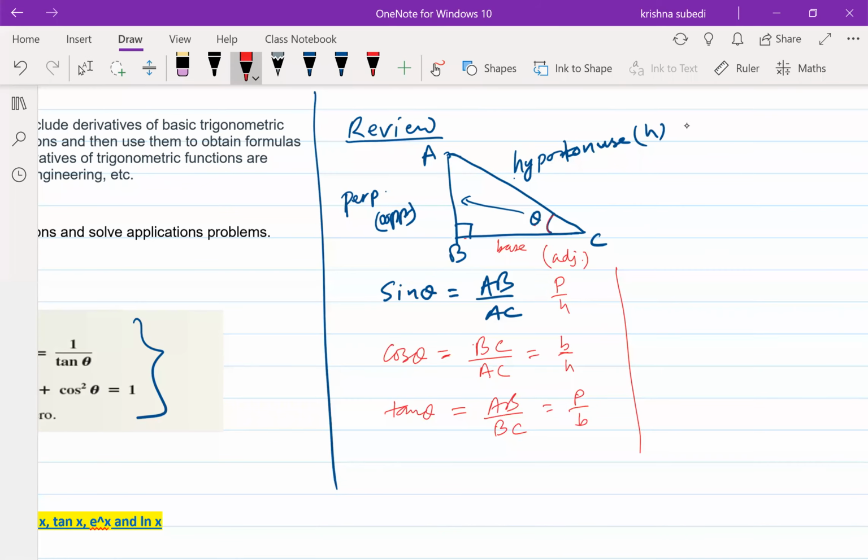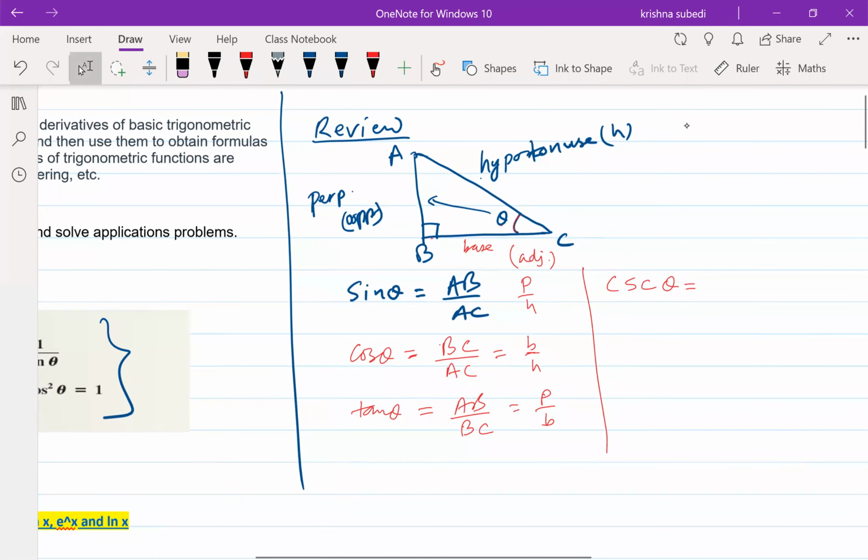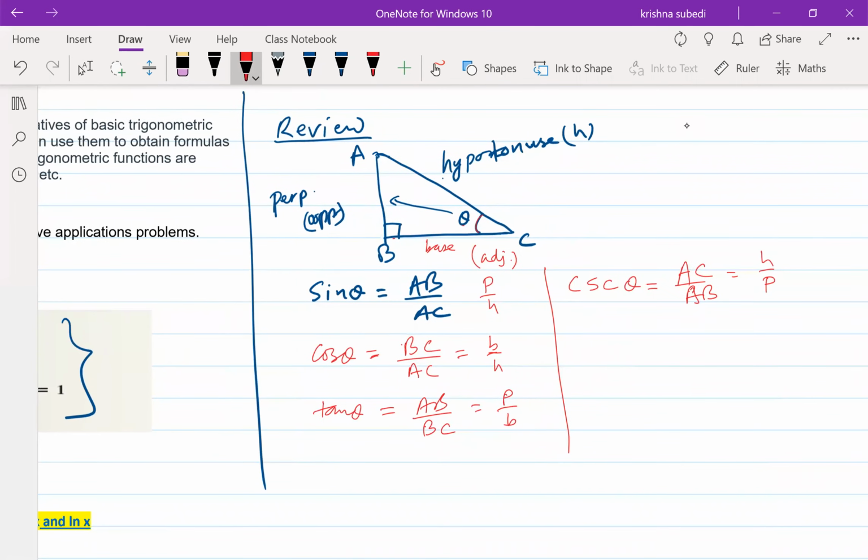All right, now the reciprocal of sine theta is cosec theta, and that will be AC divided by AB. You can write H over P if you like. And the reciprocal of cos theta is secant theta, which is AC over BC, or you can write H over B if you like.